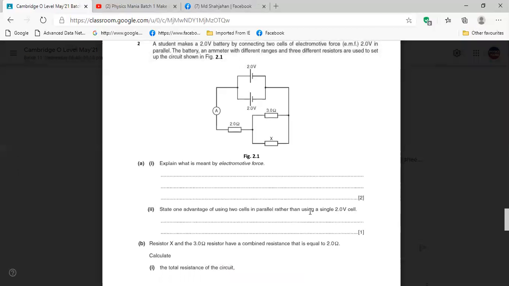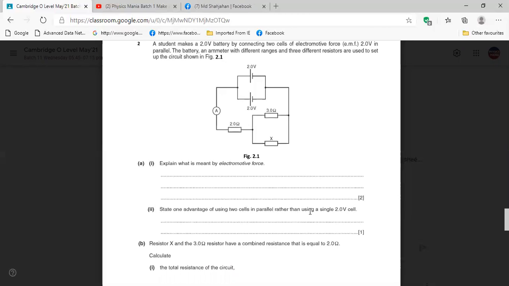So why 2 volt? Because the terminals are connected, and because of the potential difference in the single cell, we are not dividing like the parallel rule. It's like working as a single cell. Is it clear?